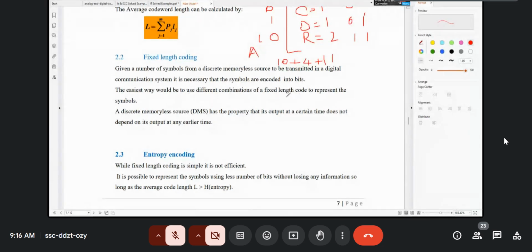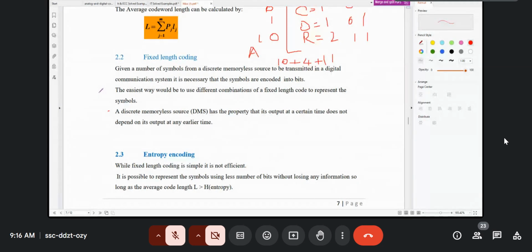So I think I've talked about this. Of course, this is the definition of a DMS, a discrete memoryless source, which has the property that its output at a certain time does not depend on its output at an earlier time. Because we are talking about a source, here we are not talking about inputs.